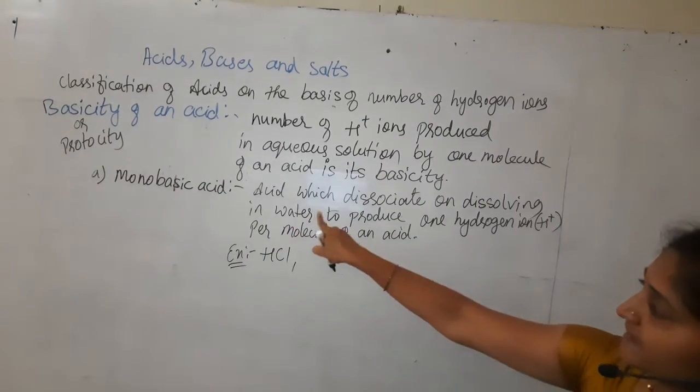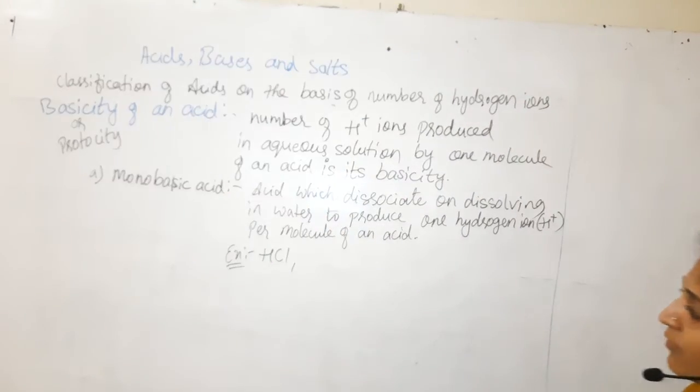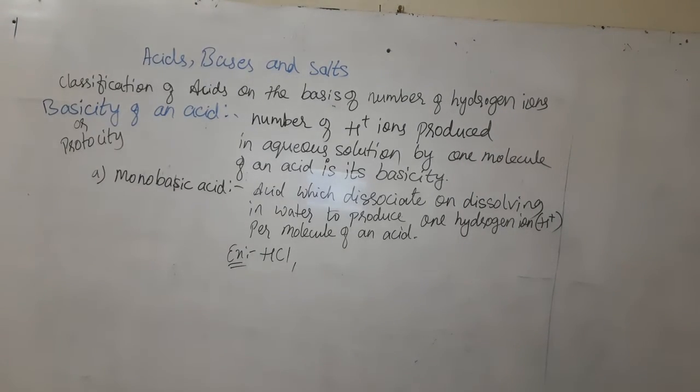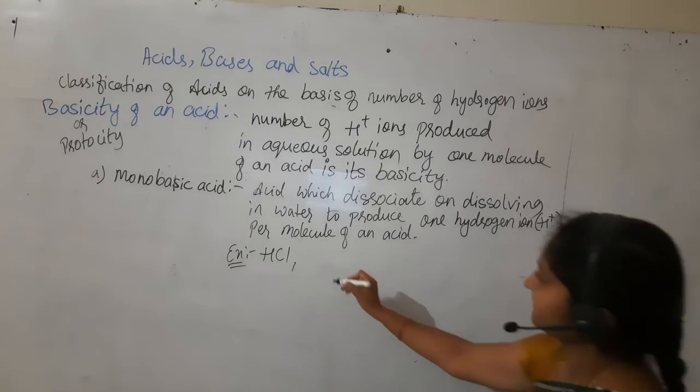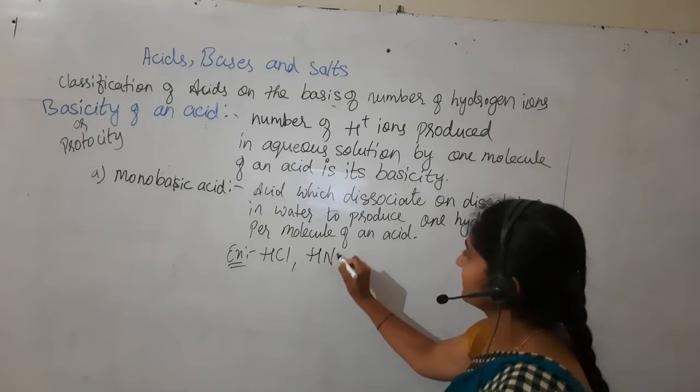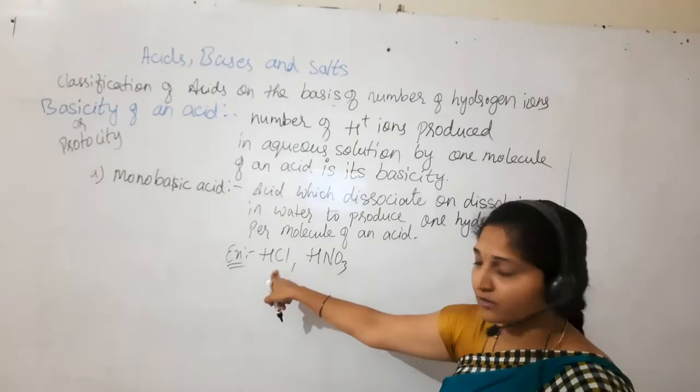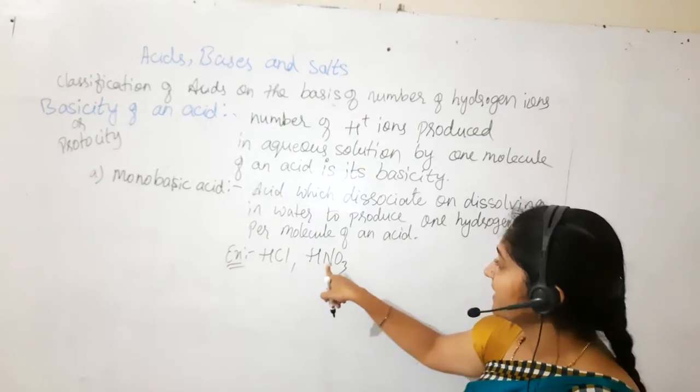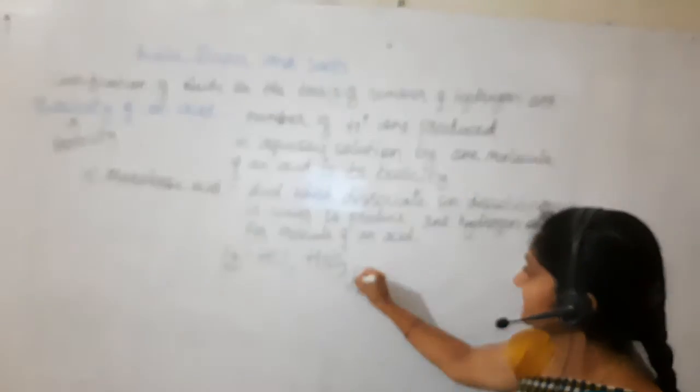So HCl is a monobasic acid, hydrochloric acid. And then HNO3, nitric acid. Here also, how many H plus ions are there? Only 1. So HNO3 is also a monobasic acid.